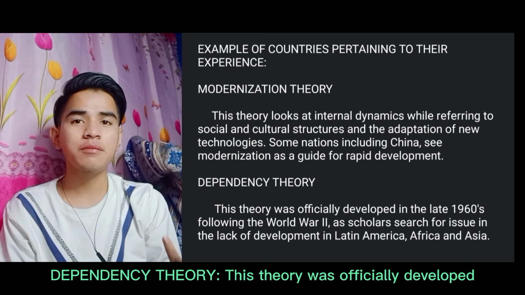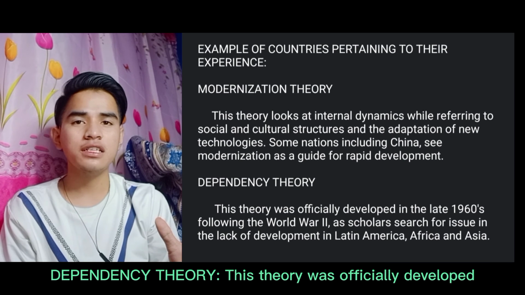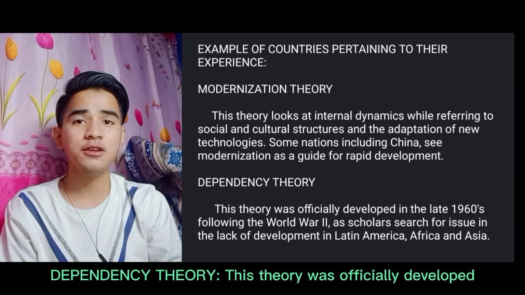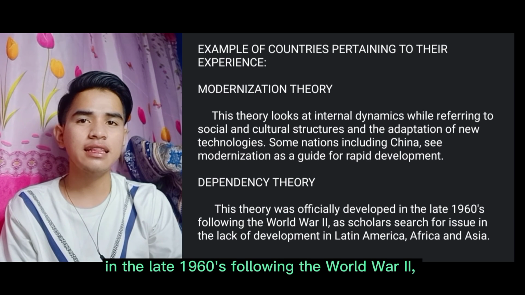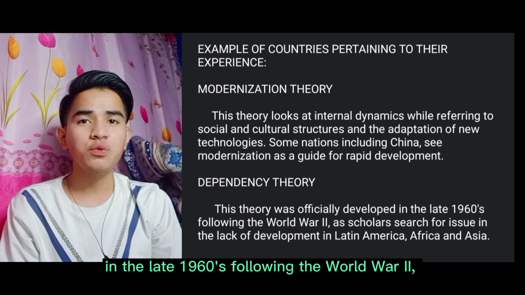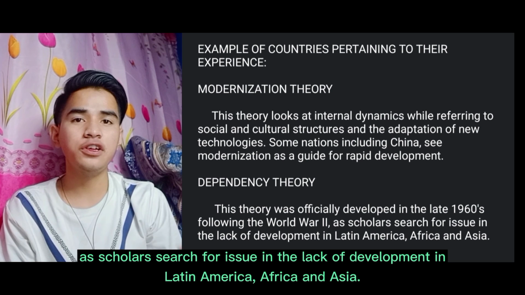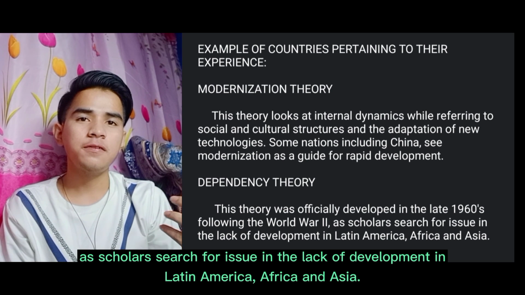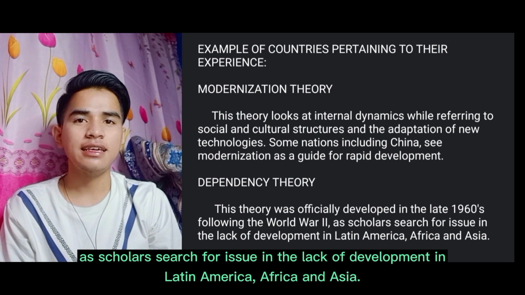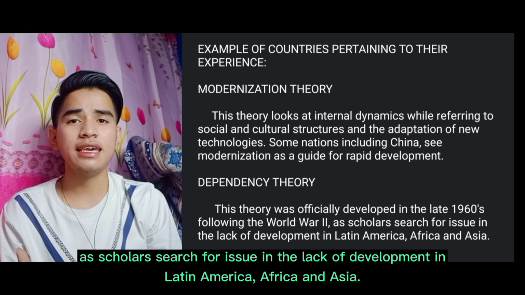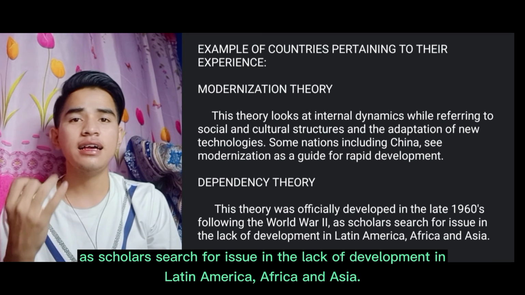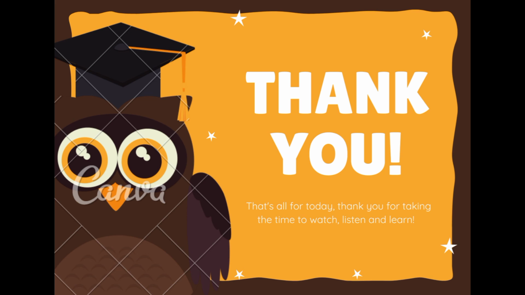Dependency theory: this theory was officially developed in the late 1960s, following World War II, as scholars searched for the root of the issue in the lack of development in Latin America, Africa, and Asia.